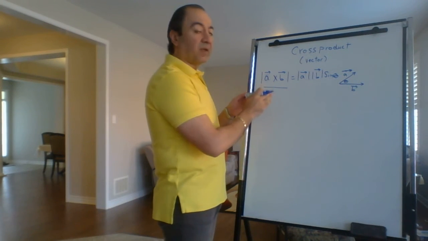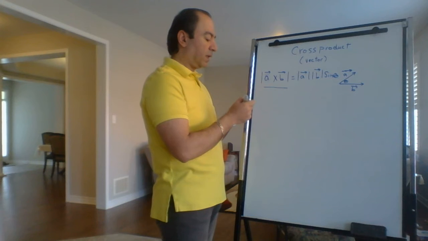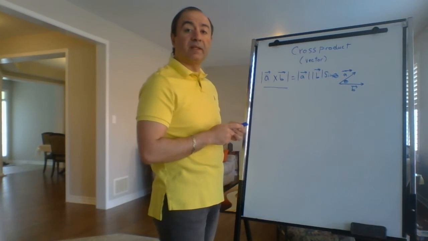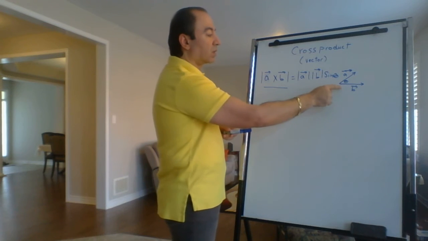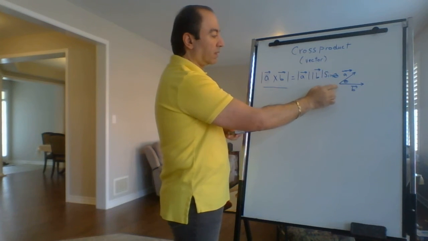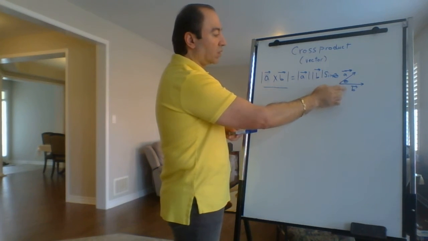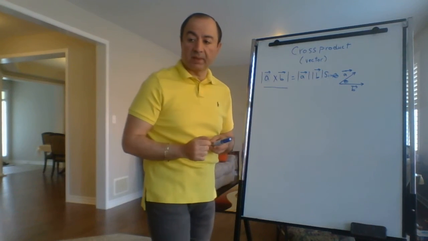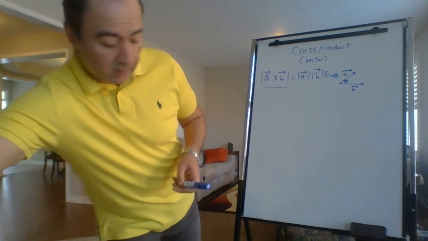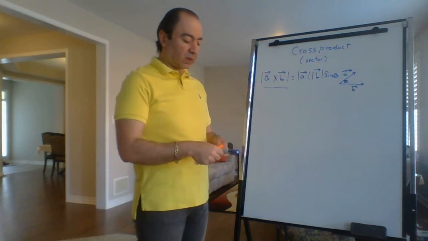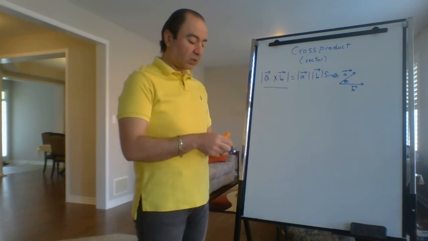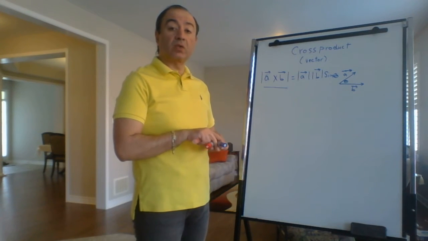Now, any vector must have a magnitude and a direction. So, what will be the direction of the vector that is the result of A cross product B or B cross product A? The result of the cross product of two vectors is perpendicular to the two vectors.